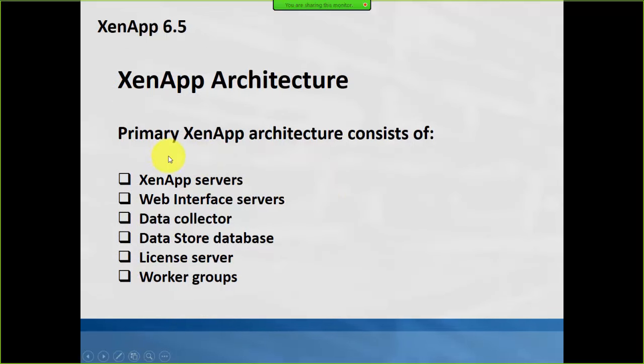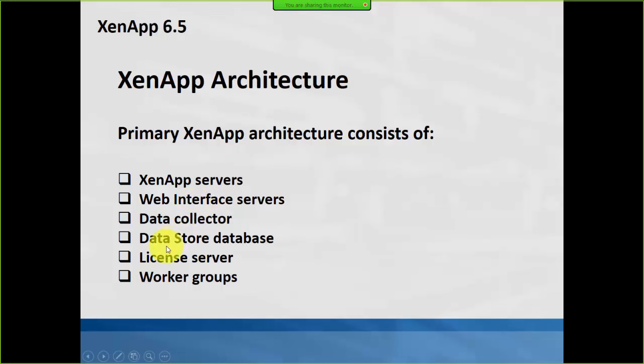in the PDF. So ZenApp architecture: the primary ZenApp architecture consists of ZenApp servers. We are going to be deploying the ZenApp servers. All three machines will have a certain role of a ZenApp server deployed, and web interface servers, yes, there will be an explanation coming in the next slides.